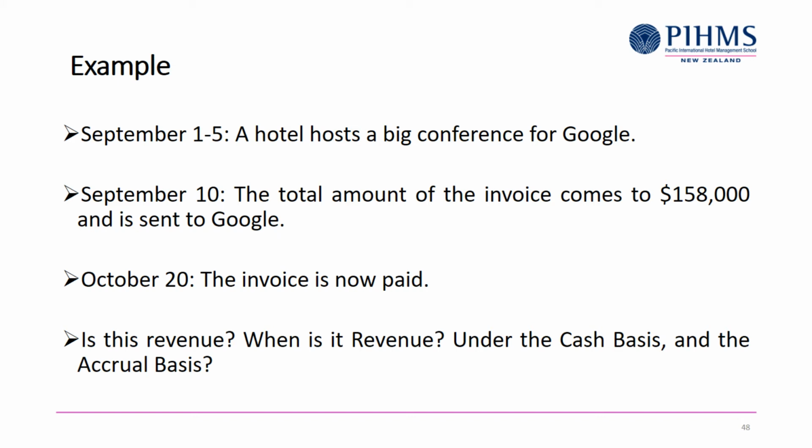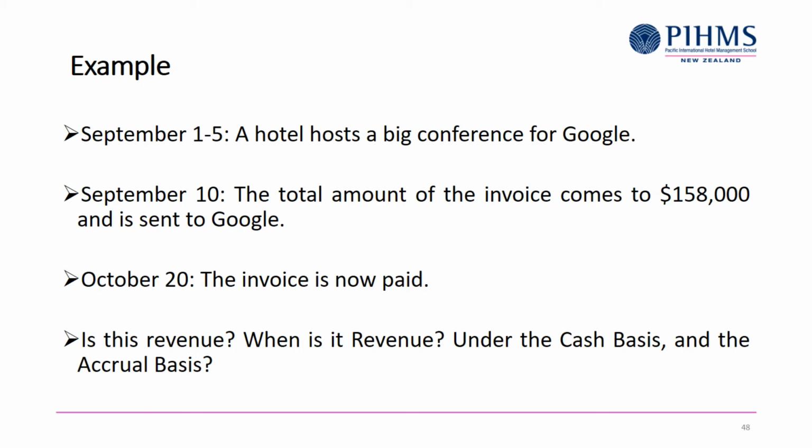So here's a bit of a timeline. So imagine you're a hotel hosting a big conference for Google, and they come and stay at the beginning of September. So September 1st to 5th, the hotel hosts the big conference. So then they leave, they pack up, they go. September 10th, the total amount of the invoice is tallied up, and the total amount comes to $158,000, and that's sent off to Google.